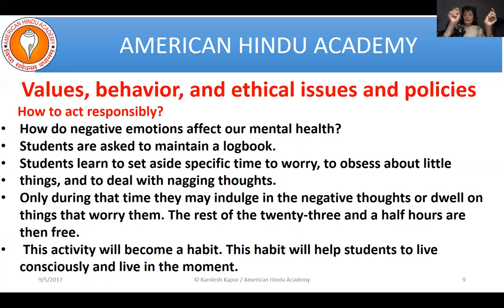Today, I was worried about this. Or today, I had hatred for such and such person. Having done that, the rest of the 23 and a half hours are free from dilemma, from anguish, and from any kind of agony.